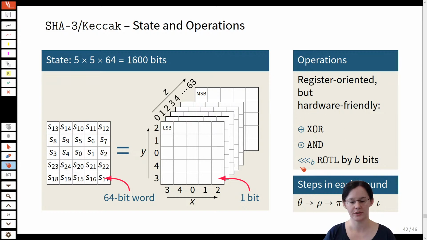And this choice of operations is both hardware and software friendly, because all of the operations, or most of them, are register oriented. So you can always take the full 64-bit words and, for example, XOR them or AND them together, or rotate them within the 64 bits. But at the same time, it's also relatively easy to do in hardware.